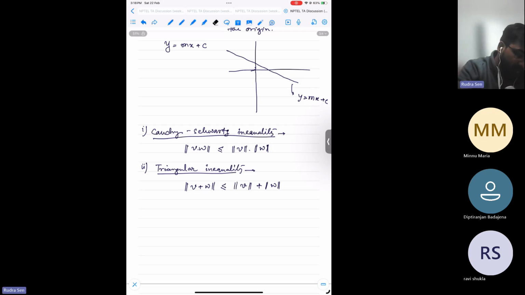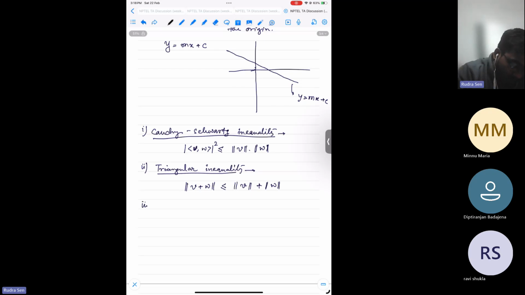It is better to write it over here, something like that. Okay. So these are the inequalities.